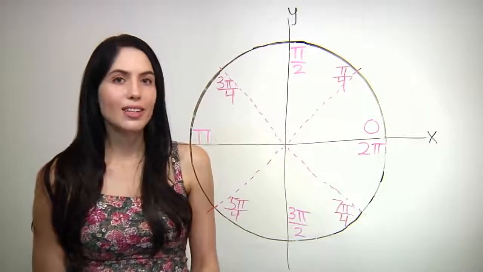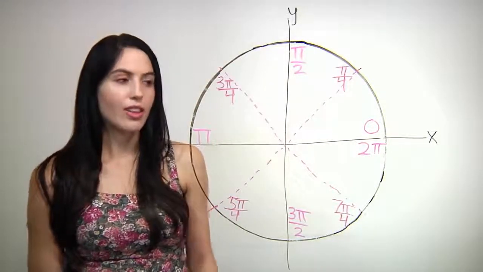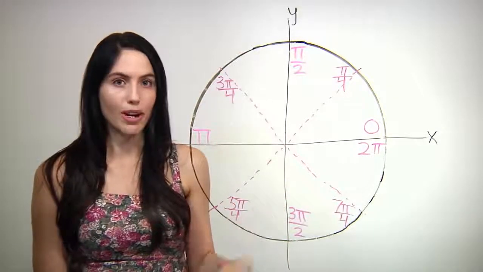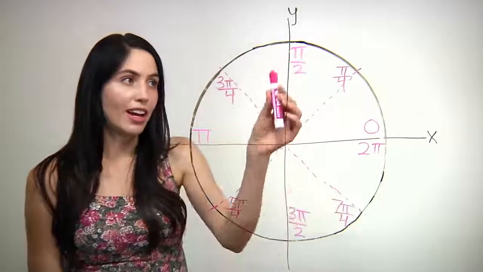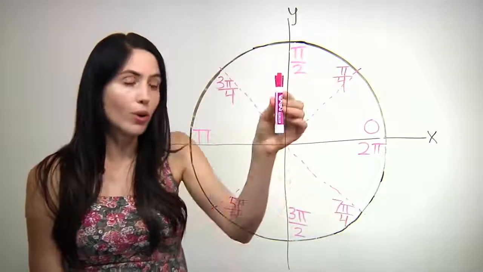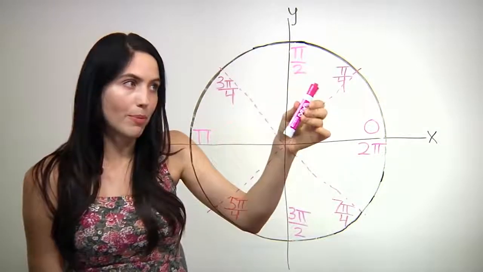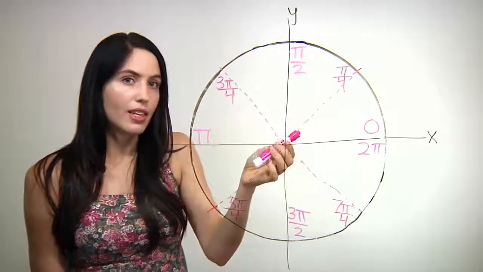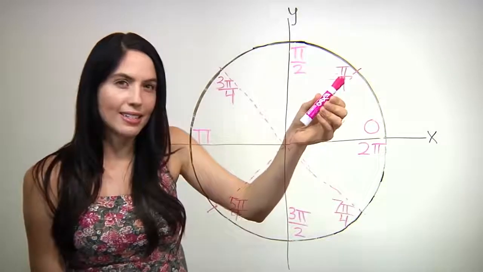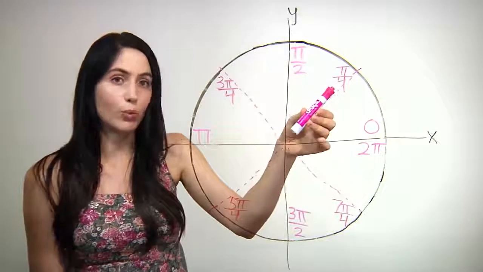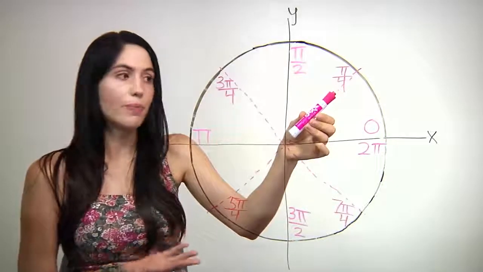Okay, now let's look at the pi over 4 angles. Those other angles we just did divided the circle into 4 equal parts. These are going to divide it again. So if 1/4 was pi over 2, if we divide it again by 2, we get pi over 4. And these ones are always in the exact center of the quarter circle. The first one is 1 pi over 4, just pi over 4.